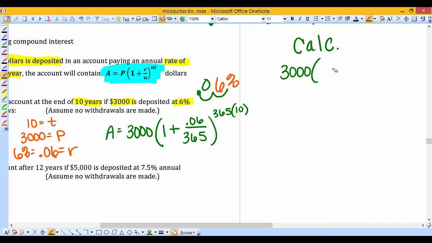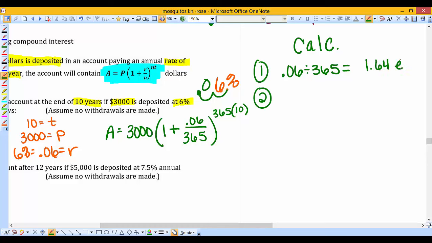This is how I'm plugging into my calculator: 0.06 divided by 365, and I hit equals. That's my first step. Now, for the second step, I leave that answer. You should have 1.64 e to the negative 4, so scientific notation. Don't write this down. You don't need to.